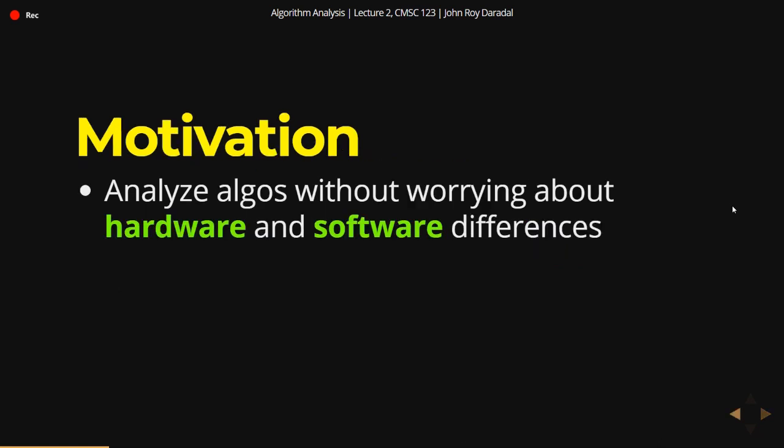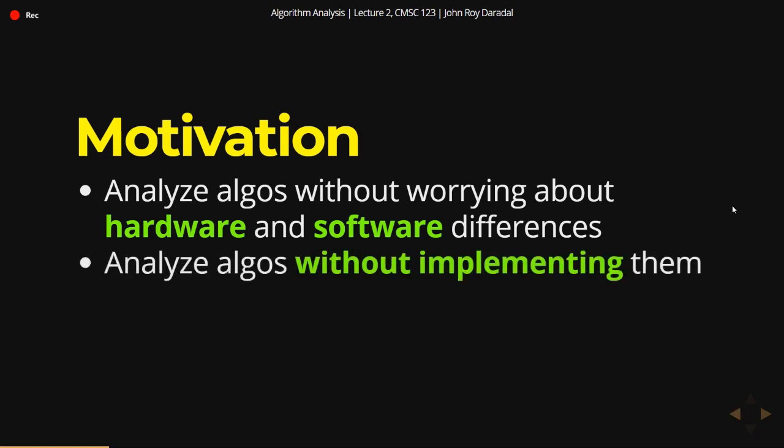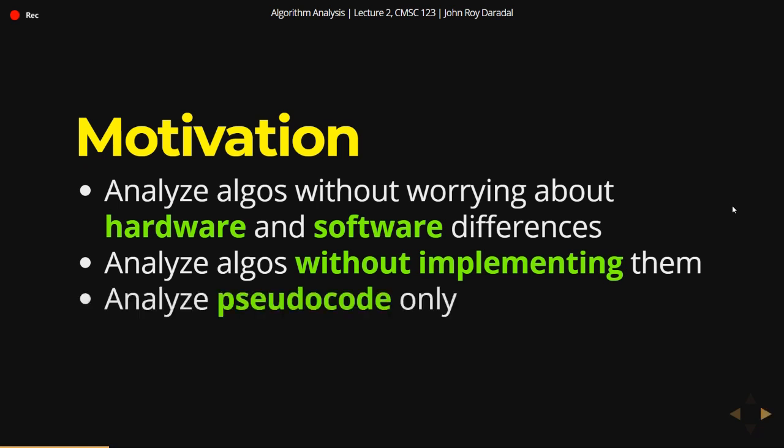So why are we interested in doing this? The motivation is we want to analyze algorithms without worrying about the hardware and software differences. We want to analyze algorithms without implementing them, and only by looking at pseudocode, we can actually determine if an algorithm is efficient in terms of running time and memory.